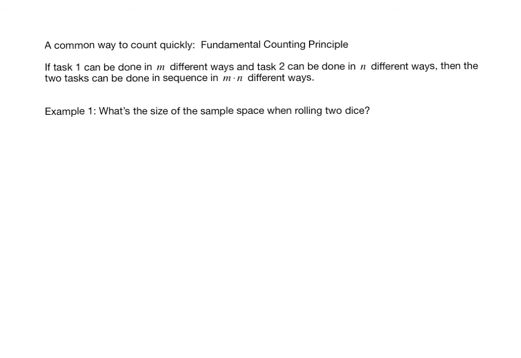So what this means is the sample size could have been computed without even having that graphic. When you roll 2 dice, you've got die 1 and die 2. Well, on die 1, there are 6 different possibilities. That's task 1. And then task 2, there are 6 different possibilities, which is rolling die 2.